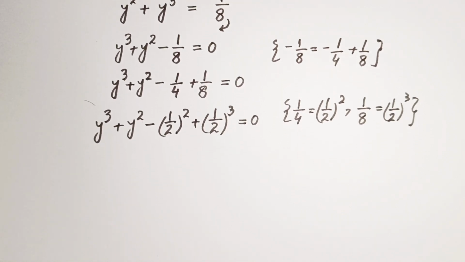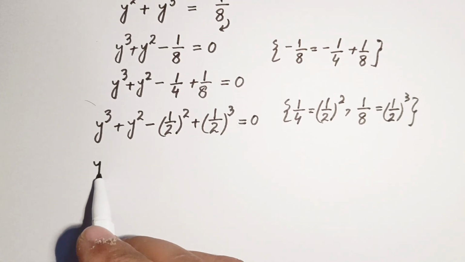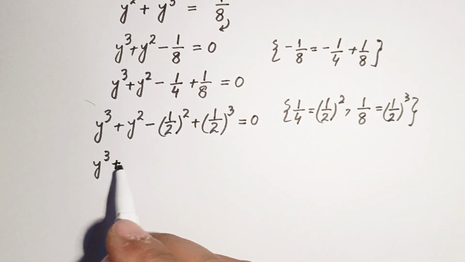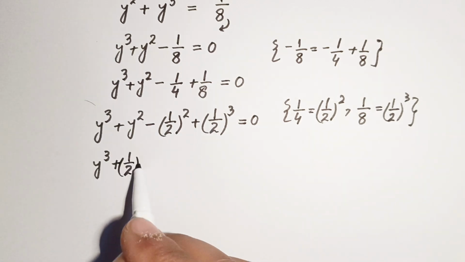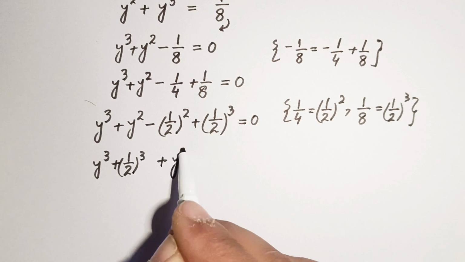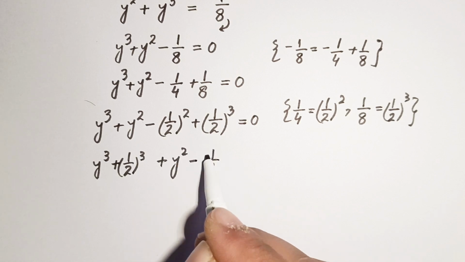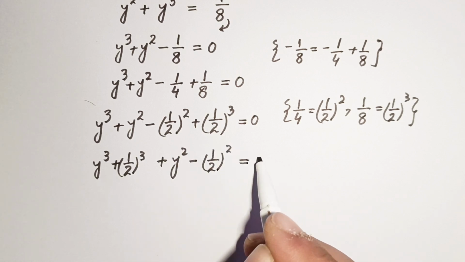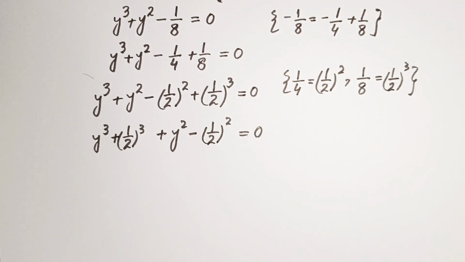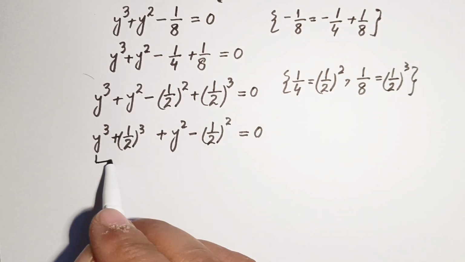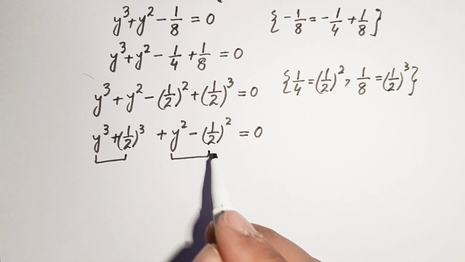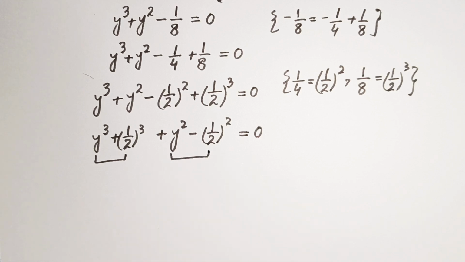Now we group y cubed with 1 over 2 whole cubed, and y squared minus 1 over 2 whole squared, equal to 0. Here we see our algebraic formulas.